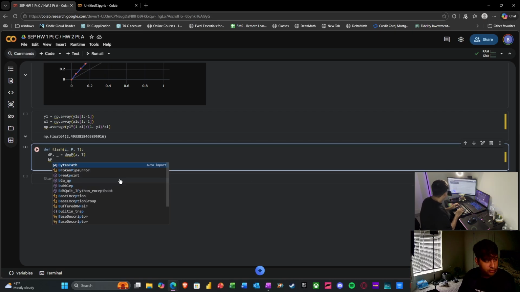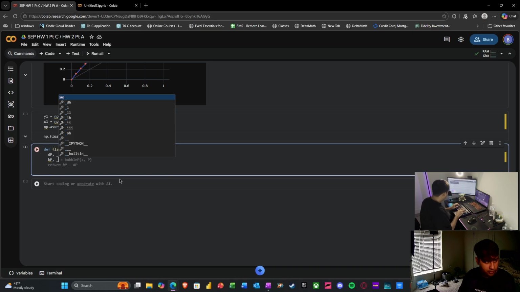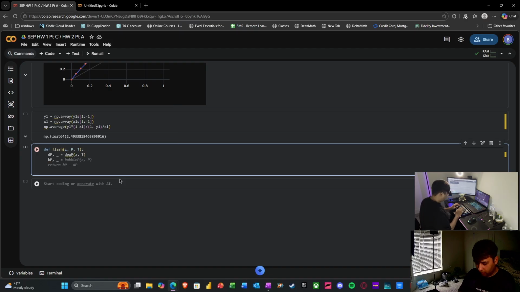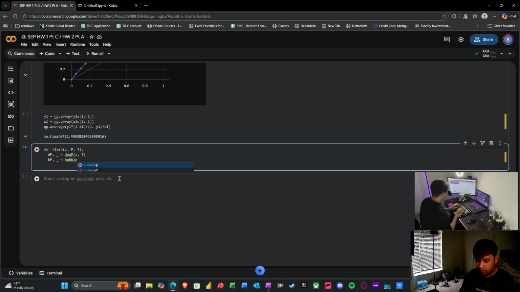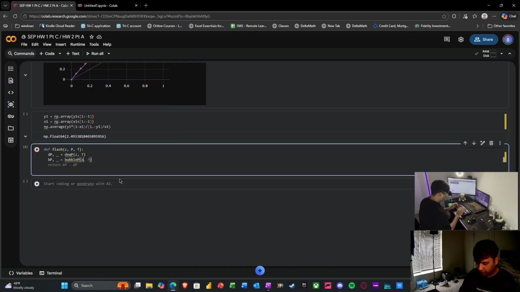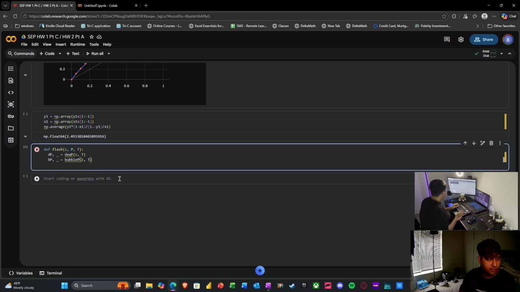And then for bubble pressure, we're going to do pretty much the same, except we're defining it as bubble, but it's also Z and temperature.